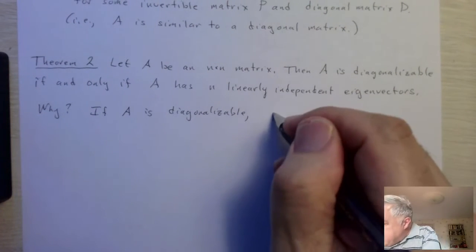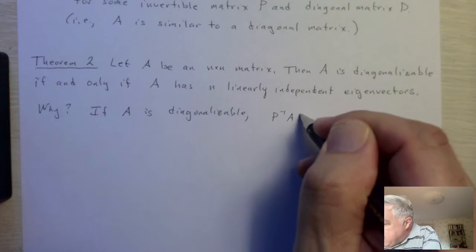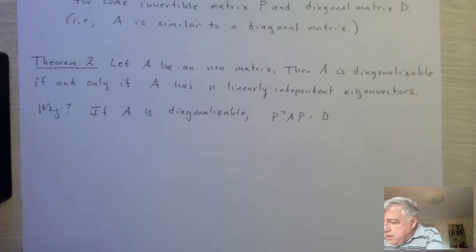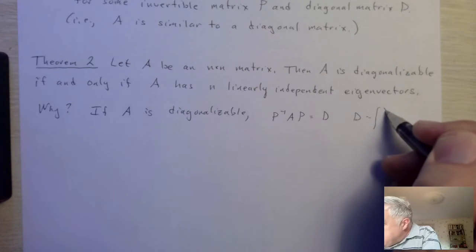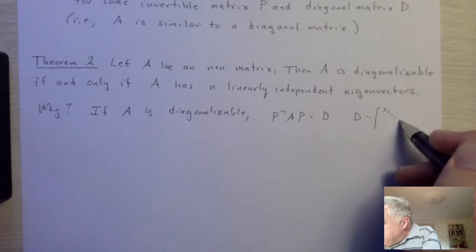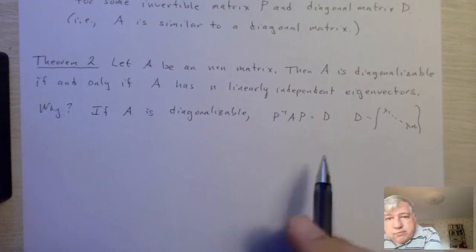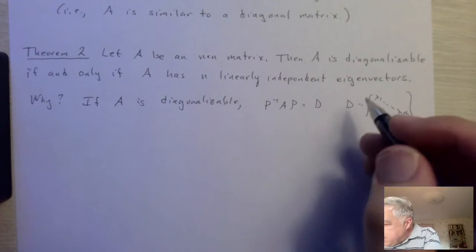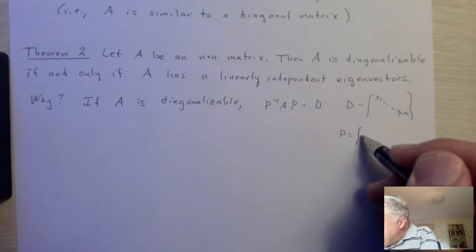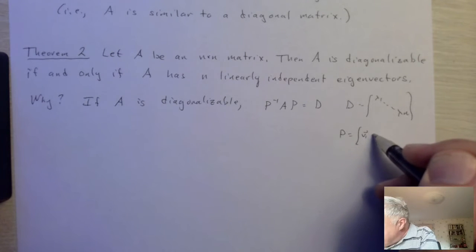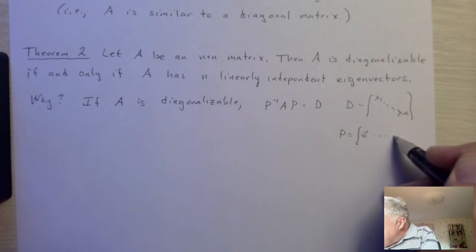then there is a P such that P inverse A P is equal to D. Let's say that D is some diagonal matrix with lambda 1 through lambda n on the diagonal and zeros everywhere else. And let's have the columns of P be denoted V1, V2, and so on to Vn.